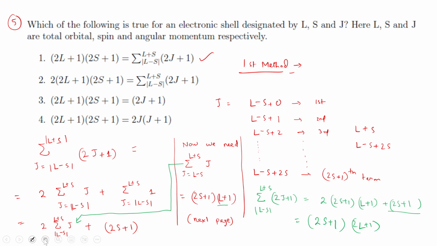So this we have to put over here. So here what we have is l times 2s plus 1. So by the calculation in the next page, and when we put this over here, what we get is two times 2s plus 1 and this l plus 2s plus 1.